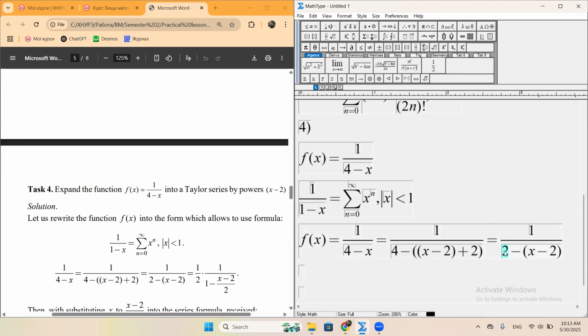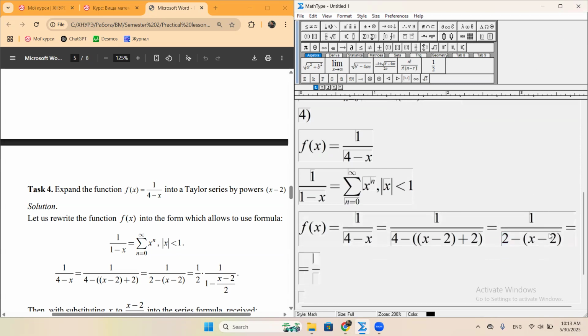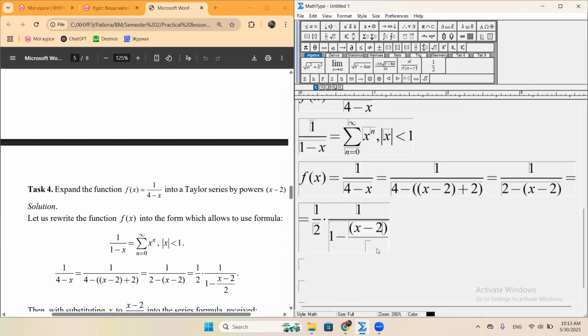But we also need to transform 2. How will we do it? I will just move 2 out of the brackets, out of the denominator. So 1 over 2 times (1 minus (x minus 2) over 2). It's important to receive 1 here.